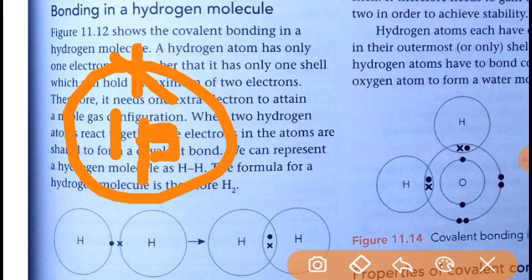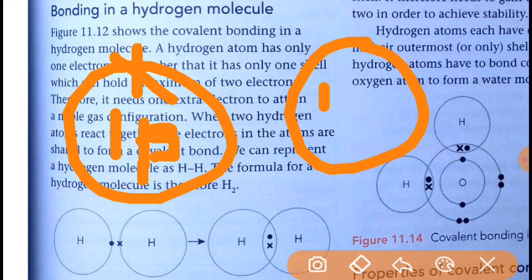So let us say that another hydrogen atom is going to provide the first hydrogen with an electron, and in exchange the first hydrogen will also provide the second hydrogen with an electron.